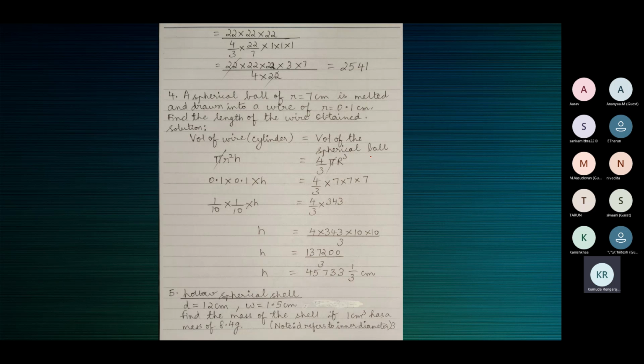You melt the cone and recast it in the shape of a cylinder. No wastage while melting and recasting.